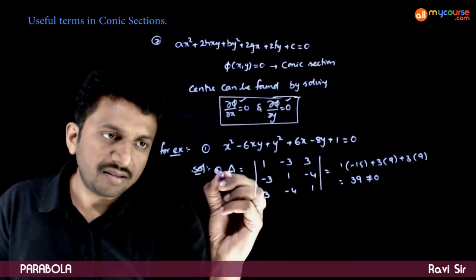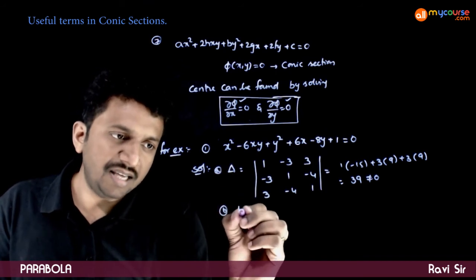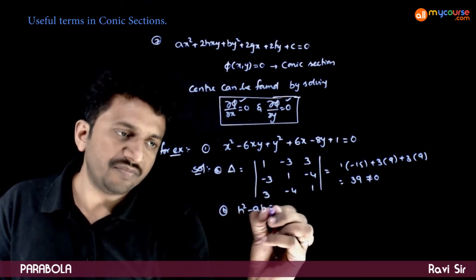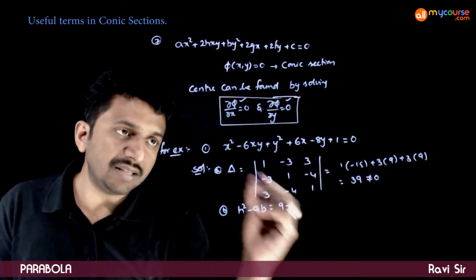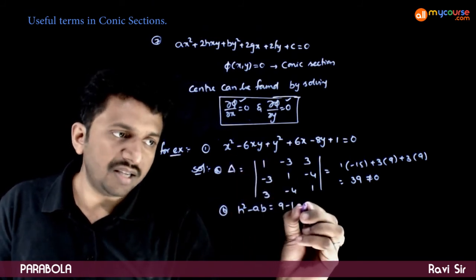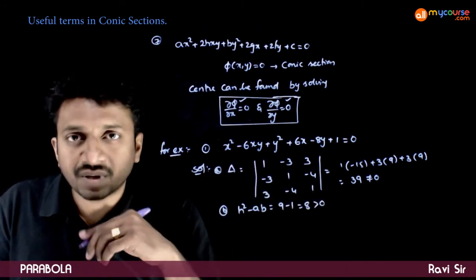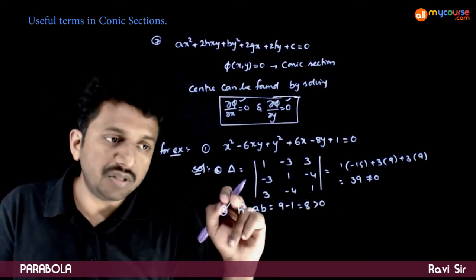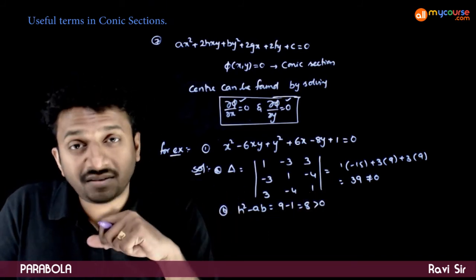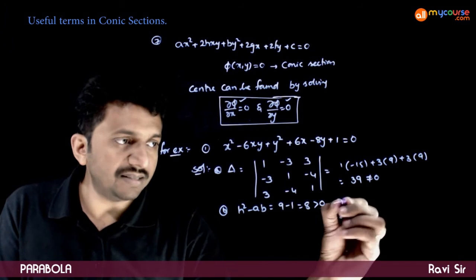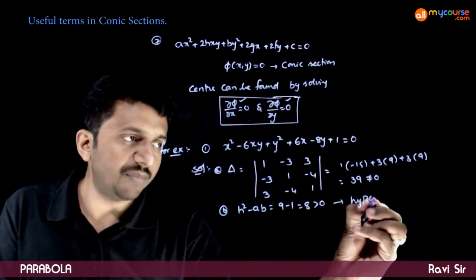And the second step is h square minus ab is equal to 9 minus 1 into 1 is equal to 8, which is positive. So delta not equal to 0 and h square minus ab is positive. Hence, the curve is a hyperbola.